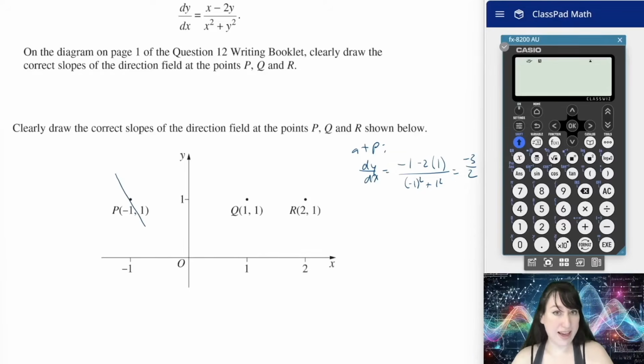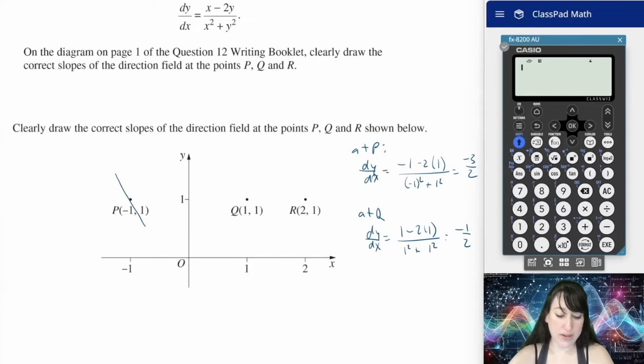We might have something like that. At Q, x is 1 and y is 1. So dy/dx would be 1 minus 2 times 1 over 1 squared plus 1 squared, negative 1/2. So we'd have something like that.